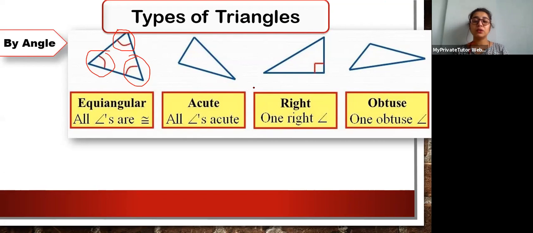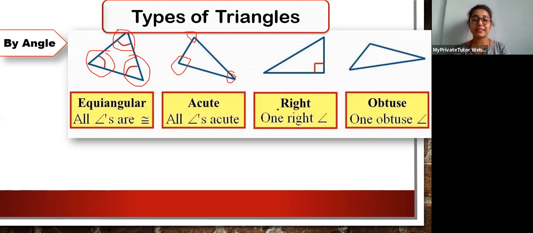So what will be an acute angle triangle? A triangle with all the angles less than 90 degree, all the angles acute, is called an acute angle triangle. All three angles will be less than 90 degree.